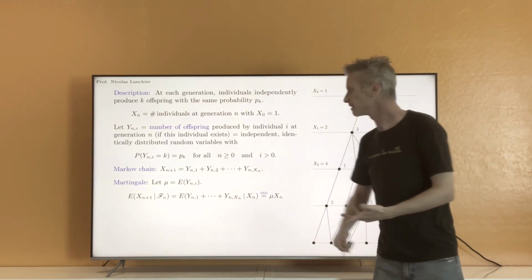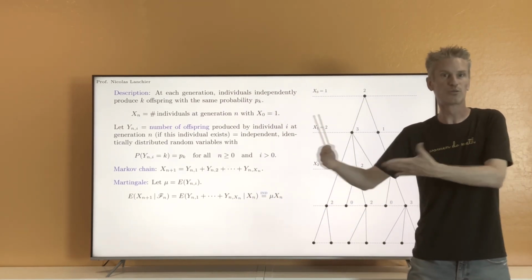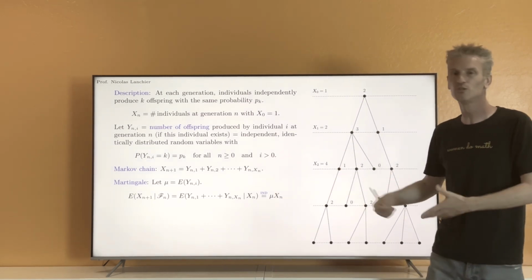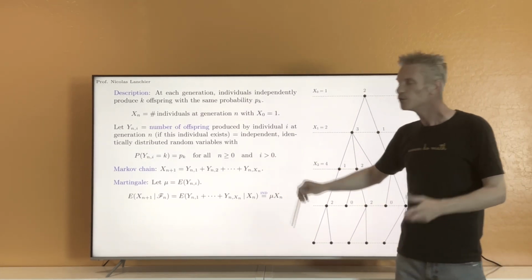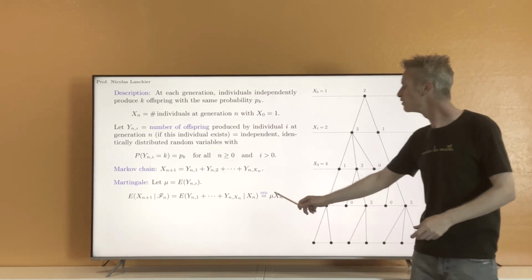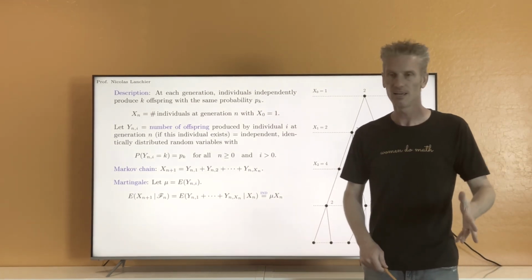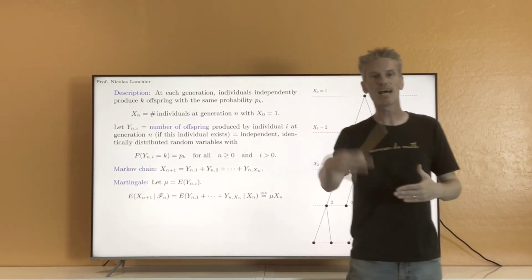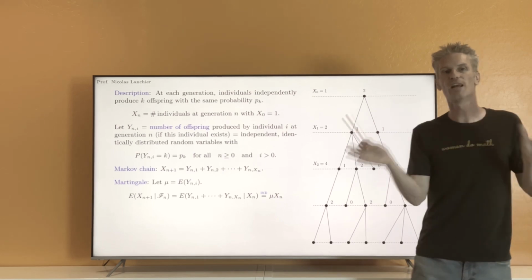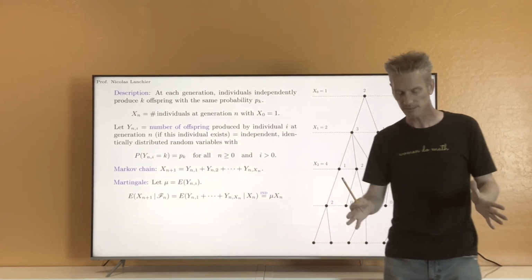So that suggests, or in fact you can prove directly because you have a martingale in the background, that the expected number of individuals at generation n is going to be equal to mu to the power n. Because at each time step, on average, you multiply the population size by mu, okay?